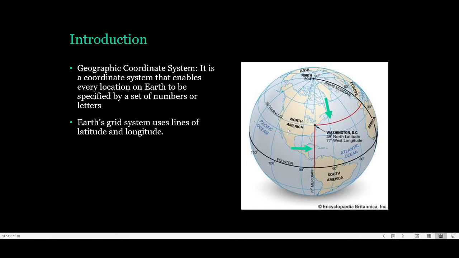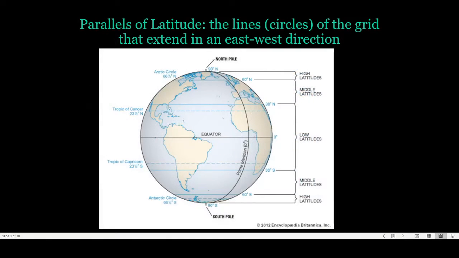We're going to go more in depth into latitude and longitude, but this is an overall example of Earth's grid system. Parallels of latitude are the lines, circles of the grid, that extend in an east to west direction. They are measured in degrees, as you can see here: 30 degrees, 60 degrees, 90 degrees. They are also designated by the distance of being either north or south of the equator.